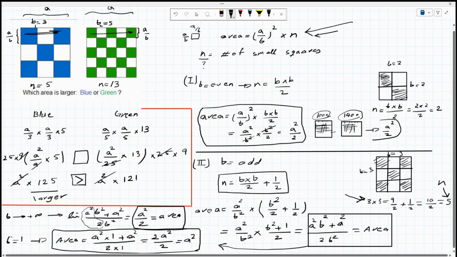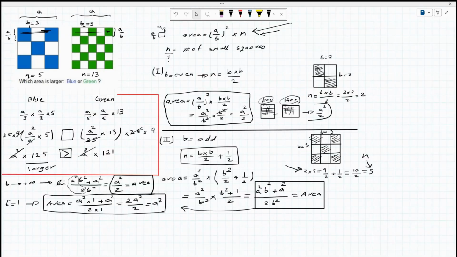And this exactly tells what's happening here, because b equal to 1 means my big square is not divided into smaller squares, and I only have the big one. And as you see here, the area is a², which is confirming the number that we got here.